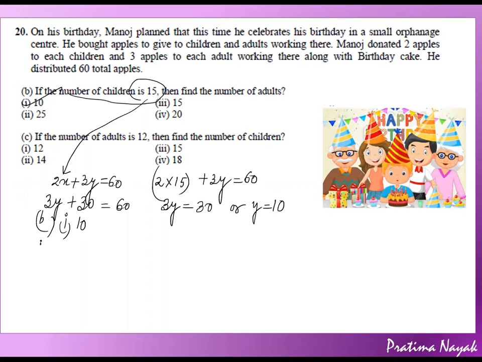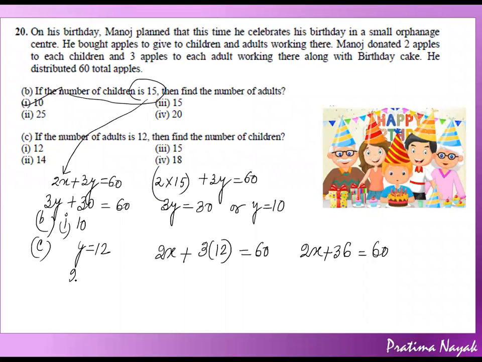Now coming to part C, here adults y is equal to 12. So 2x plus 3 into 12 is equal to 60. Then 2x plus 36 is equal to 60.